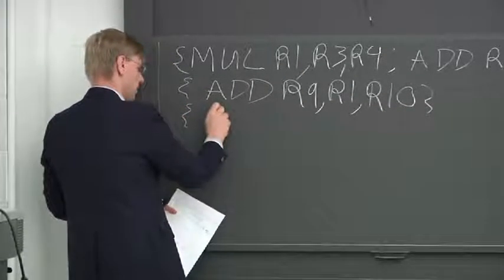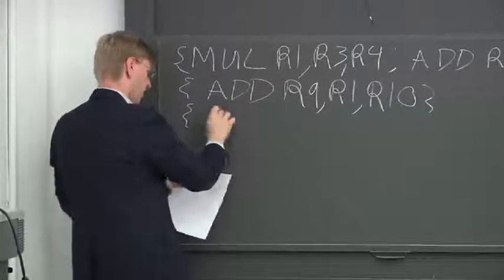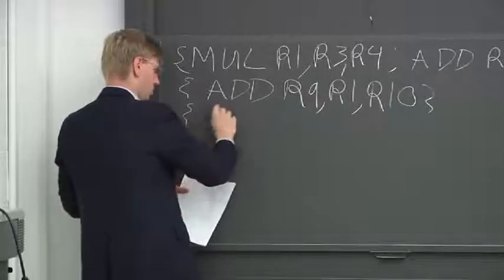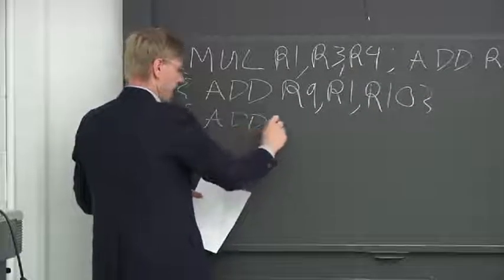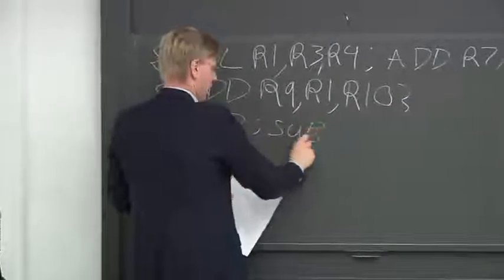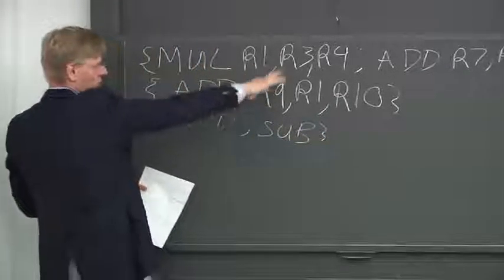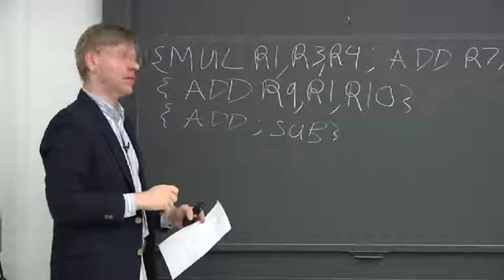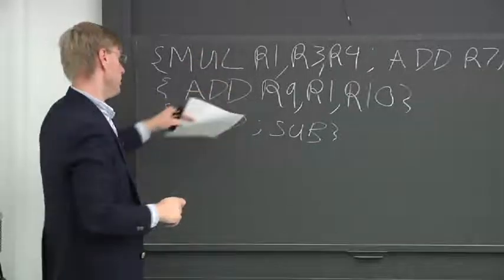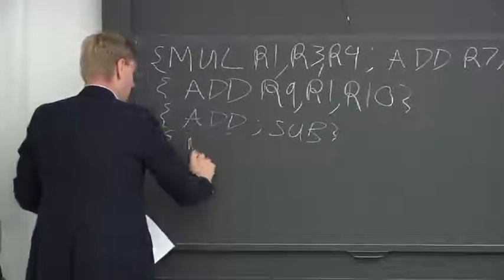And then let's say we just have some other random stuff. I don't know, maybe some non-dependent adds and subtracts. And I'm not going to write the registers here because they don't read anything or write anything which is read in these two bundles. Maybe you have a no-op.